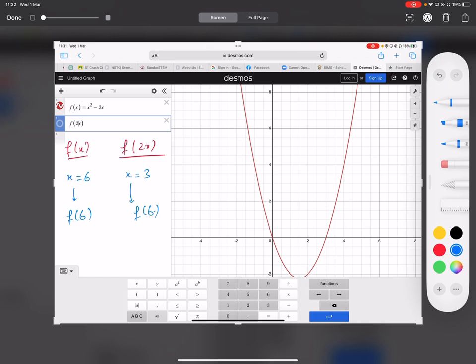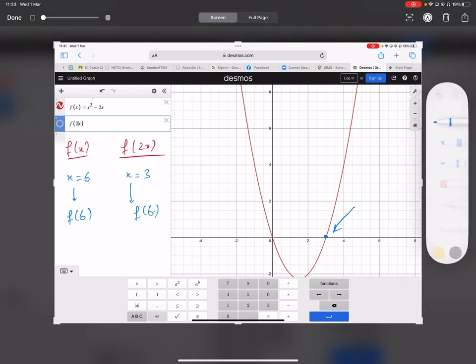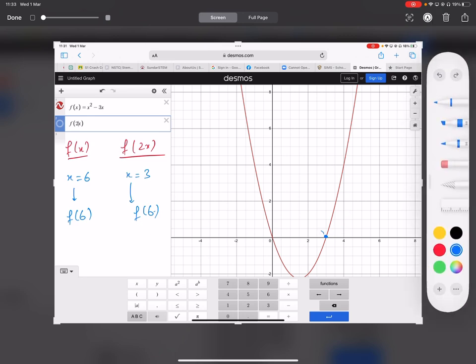मेक सेंस? So the point that I have here, for instance, at 3, जो ये पॉइंट है 3 के ऊपर, ये कहां चला जाएगा, ये 1.5 पे चला जाएगा.